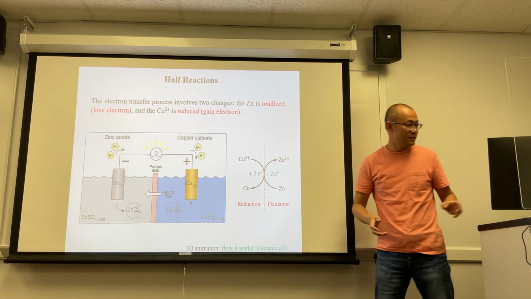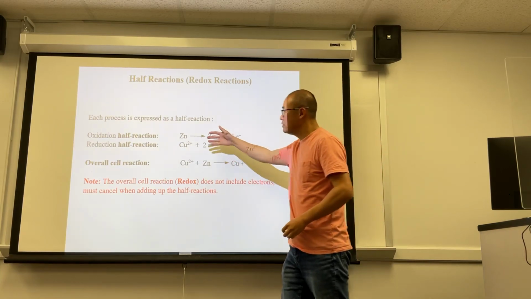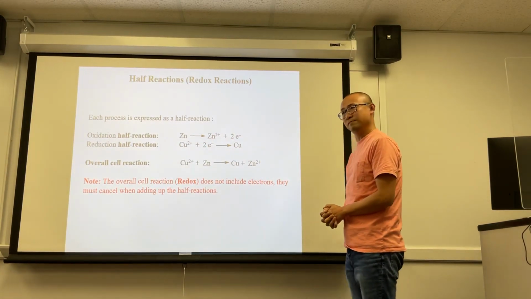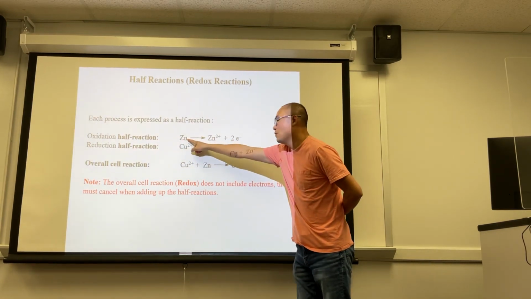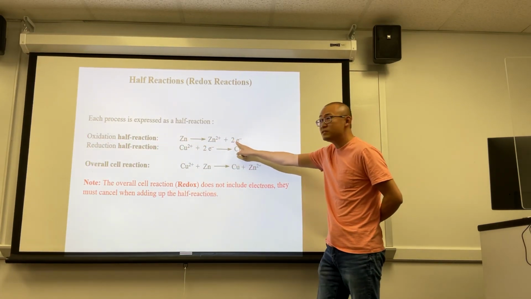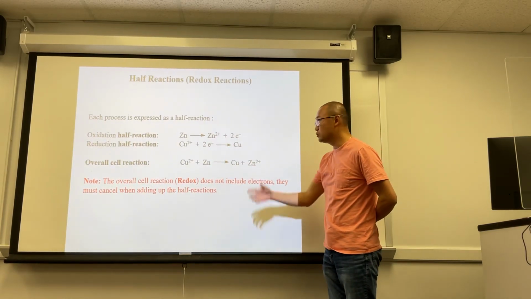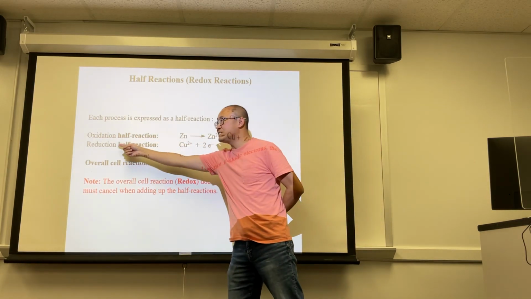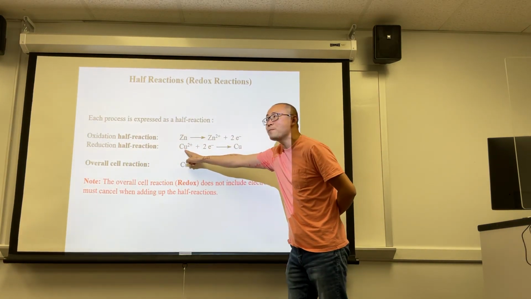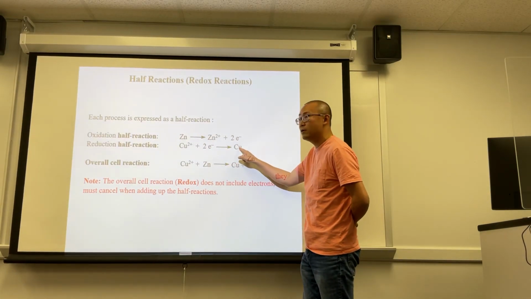Okay, voltaic cells. So if we write down the half reactions, it's like here. The oxidation, again, is what? Zinc loses electrons to become what? Zinc 2 plus. Okay, lose negative charge, you get a positive charge. And the reduction half reaction is copper 2 plus in the solution gaining these 2 electrons to become what?